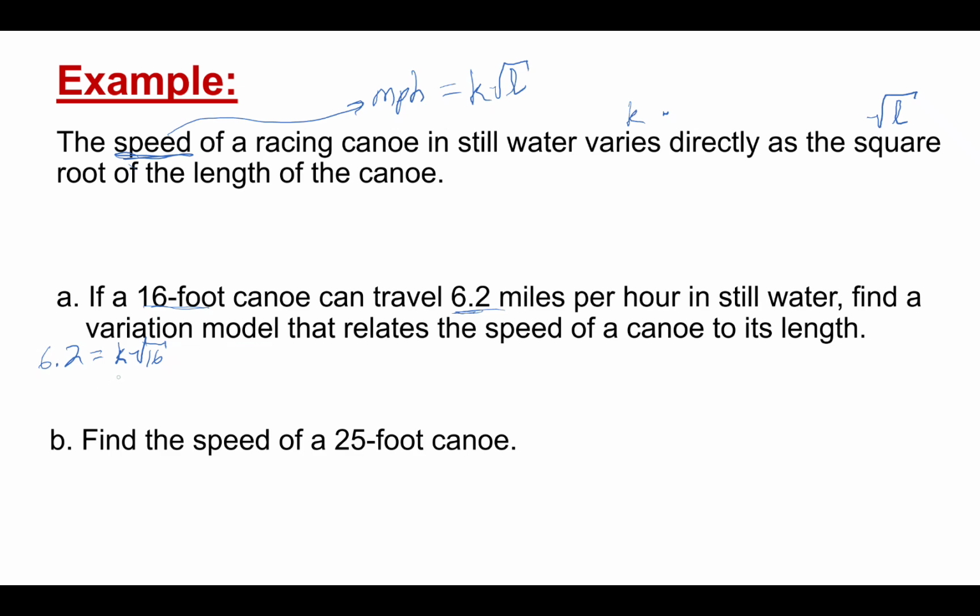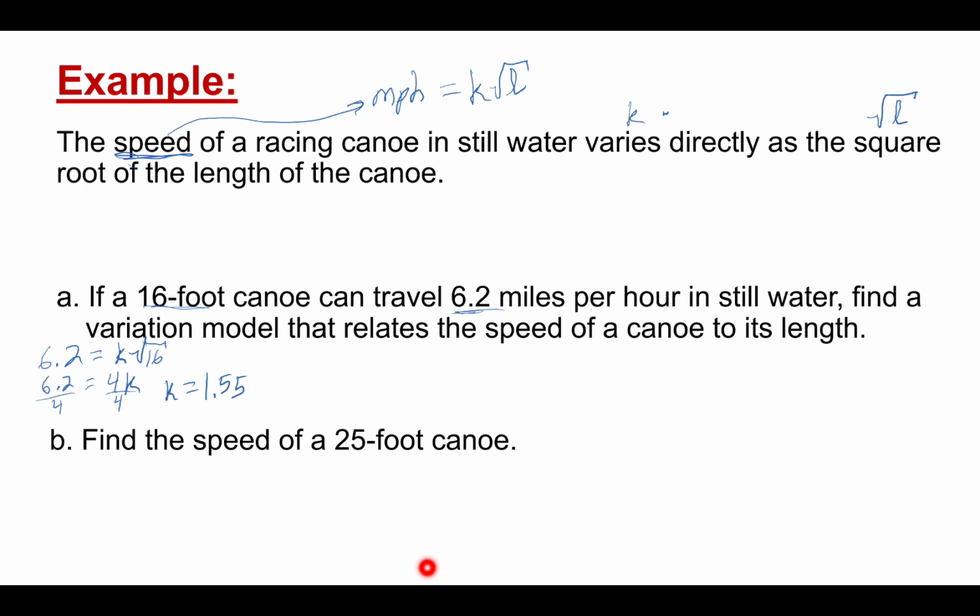Well, the square root of 16 is 4, so I have 4K is equal to 6.2. So then I'm going to divide by 4, divide by 4. So K is going to equal, 4 will go into 6.2, 1.55.